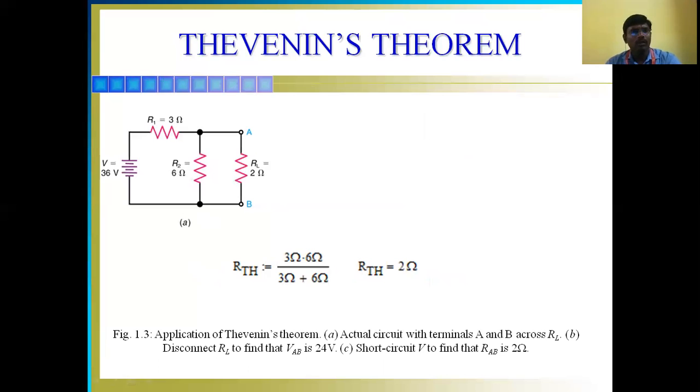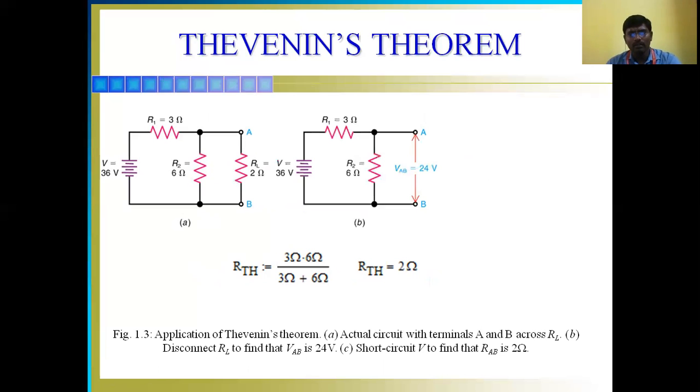Now, how to find RThevenin? While finding RThevenin, again remove the load resistance and short circuit the voltage source, as its internal impedance is 0. Looking from this end, the 3 and 6 ohm are in parallel.